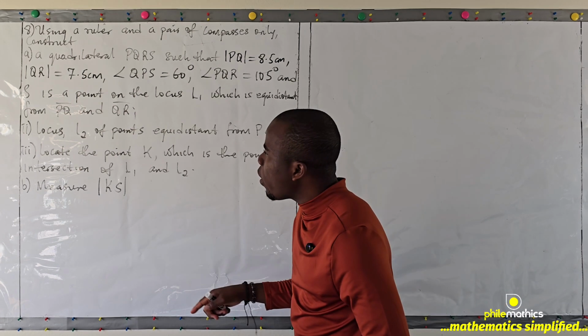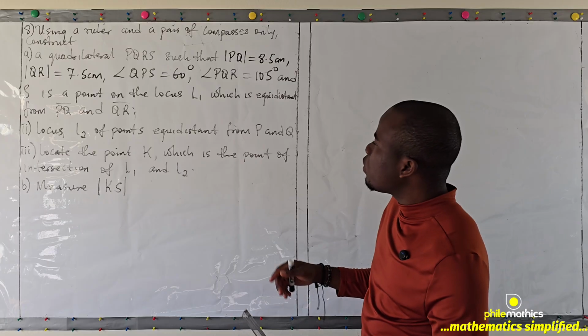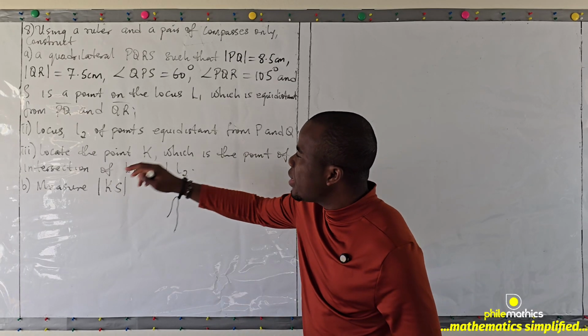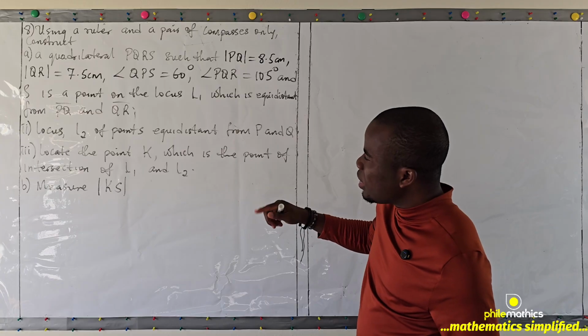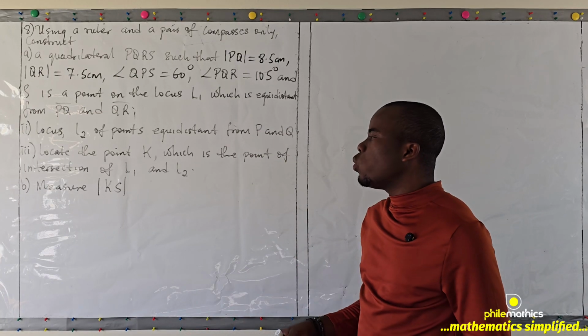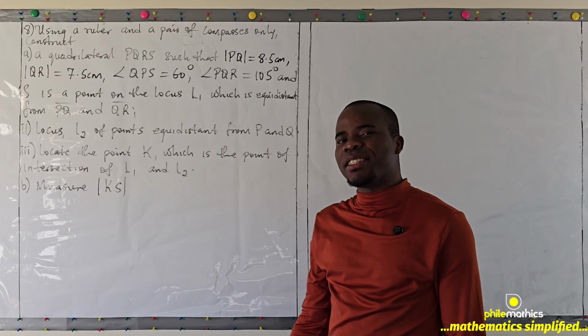Locus L2 of points equidistant from P and Q. Locate the point K, which is the point of intersection of L1 and L2, and then measure what KS is.